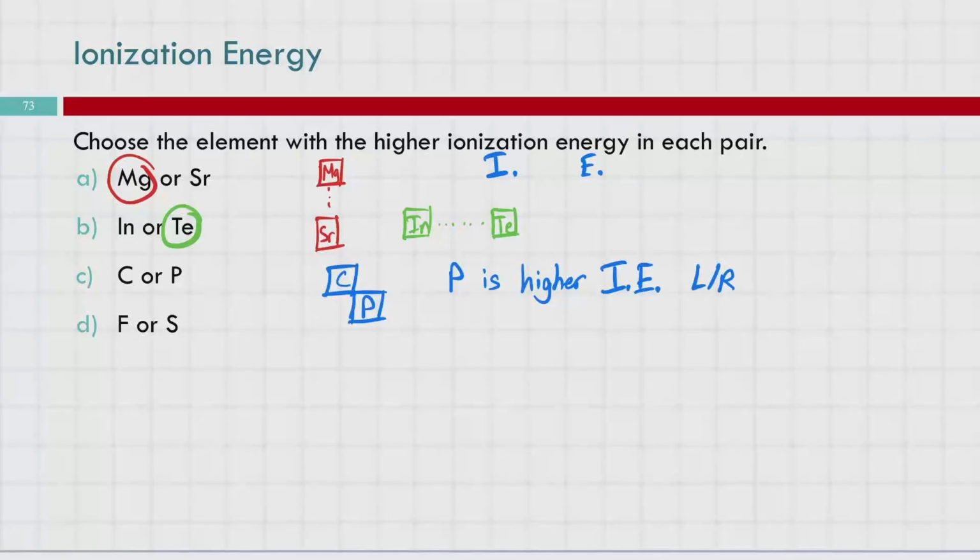What about the up-down? Carbon is the higher ionization energy up, down. Any guesses on which one wins? I'd probably guess C, but it would be a guess. So we're going to write C, maybe.